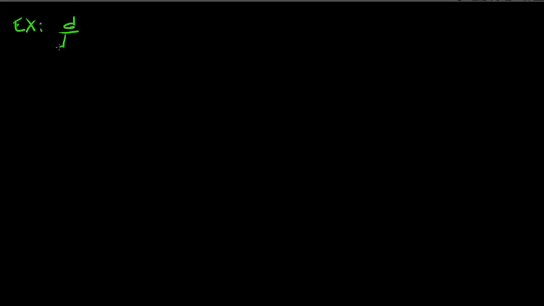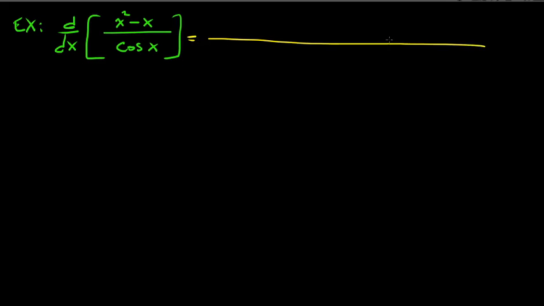Let's take the derivative of, how about, x squared minus x over cosine of x. Okay, so this one's a little trickier, but it's the same quotient rule, right? Low d high minus high d low over the square of what's below, right?